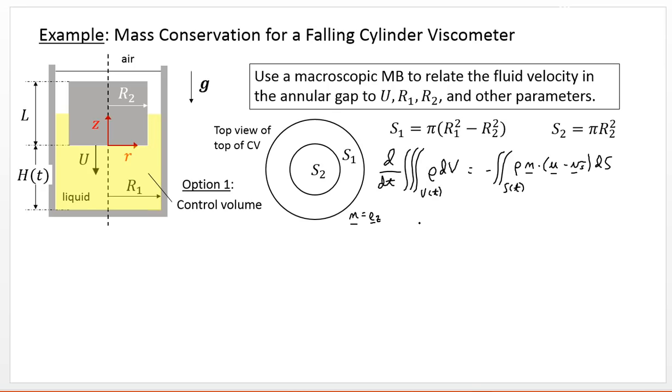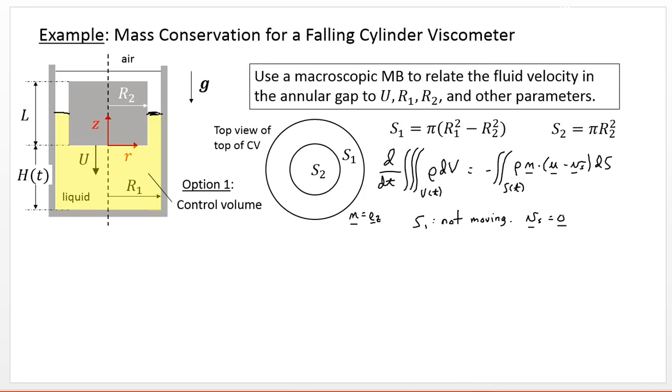Now, we can say that on S1, well, surface S1 is this outer angular gap, so that's not moving. So what we have is Vs equals 0 on surface S1, because in this region right here and this region right here, the control surface is fixed.